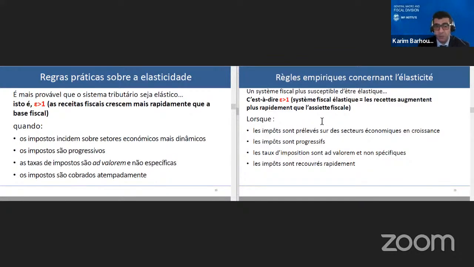And this is the case when the taxes are levied on growing economic sectors, the taxes are progressive, and the tax rates are ad valorem rather than specific. Who can give me an example of what we mean by ad valorem taxes? Typically, it's the VAT. Yes, but how is it applied?